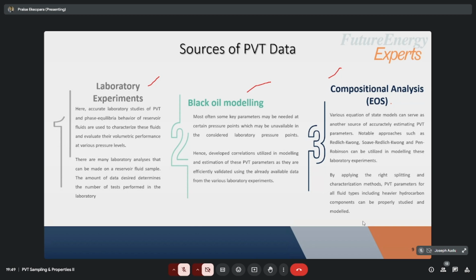What's the need? They will tell you the molecular mass and all of that. It's under equations of state. That's where we see them. We make use of equations of state, such as the Redlich-Kwong and Peng-Robinson equations, to do some modeling and characterization. It is equally another good source of PVT data as well.